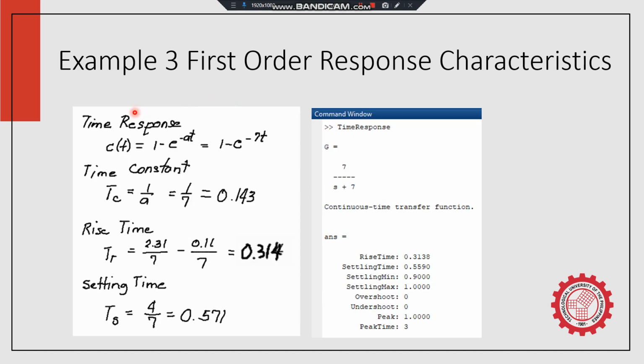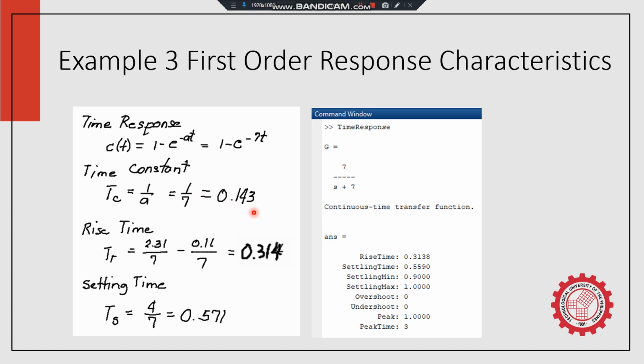So here they are. Time response c(t) given this equation, we simply substitute the value of a. So this is now our time response equation. For our time constant, it's 1 over a, so we simply substitute.